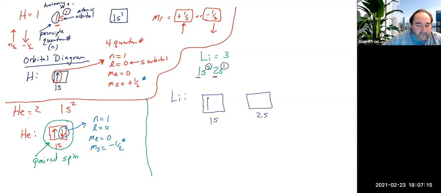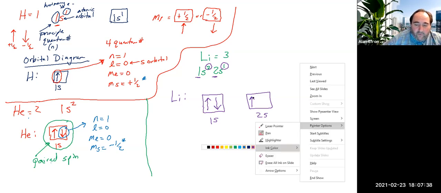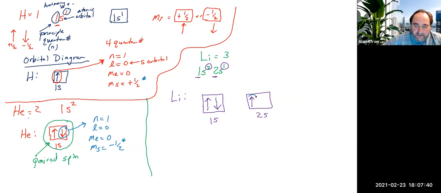So the first electron would go in just like it did for hydrogen. The second electron would go in just like it did for helium. Now when we get to the next orbital, the first electron will again go in the upwards direction. And just like the other ones, we can specifically classify the quantum numbers for this electron.